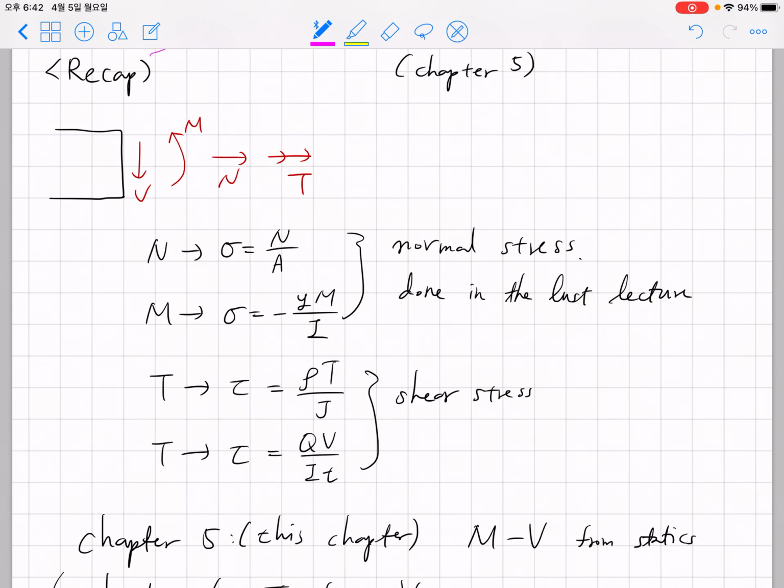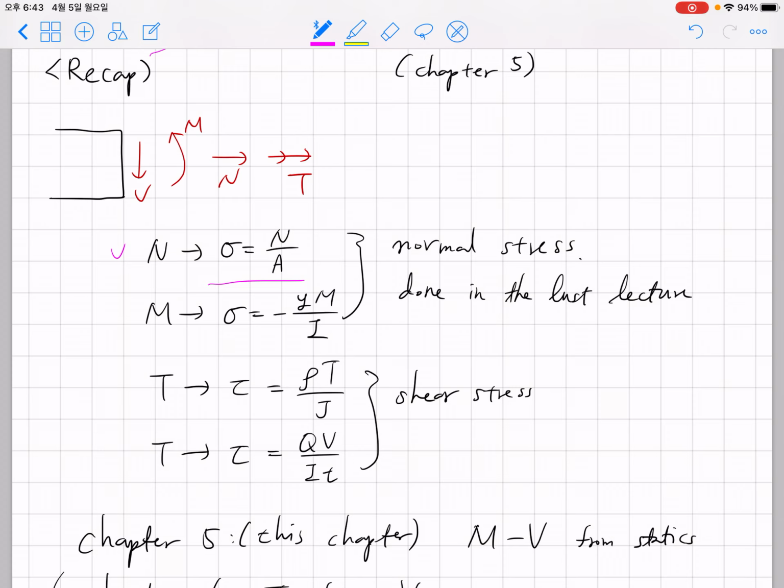So, as I told you, we are trying to understand the reactions and the stress and strain out of those reactions, one by one. In the first chapter, like chapter 2, we discussed normal force N and normal stress due to this normal stress.